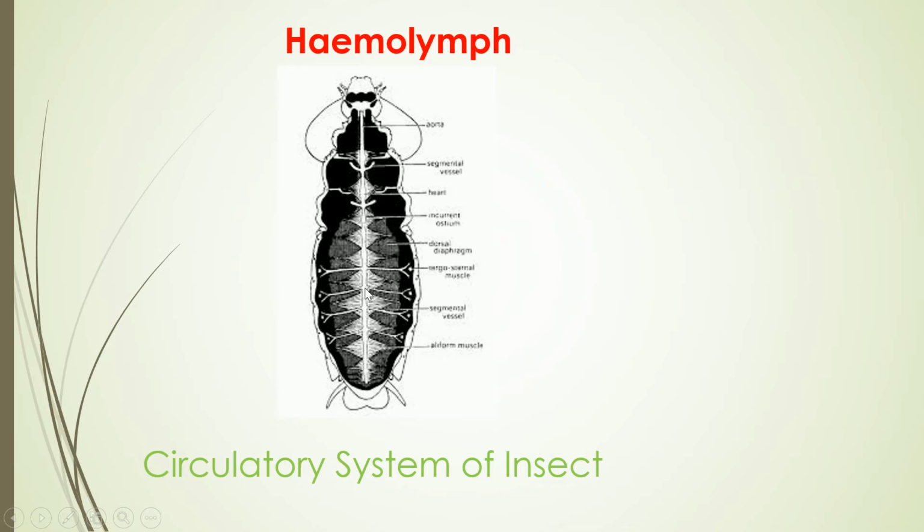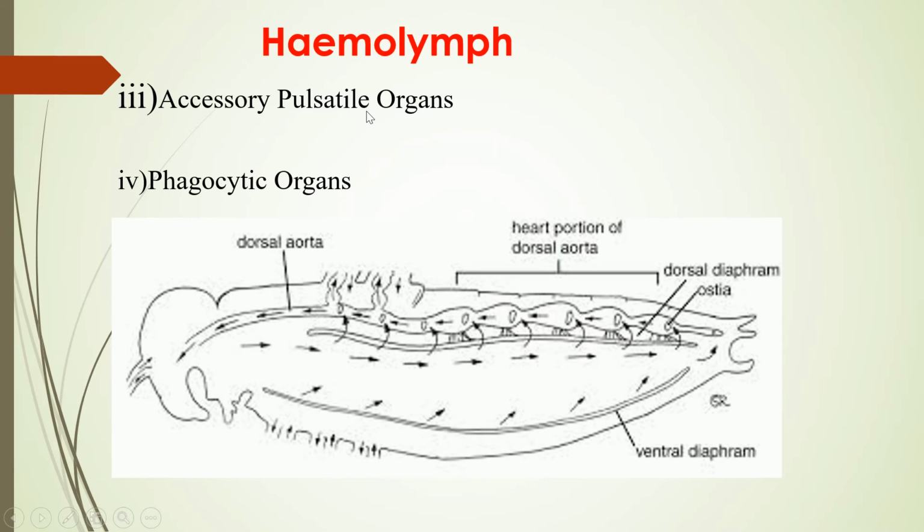It receives blood from the pericardial sinus through the ostia and sends it anteriorly to the aorta, and from the aorta to the head region.